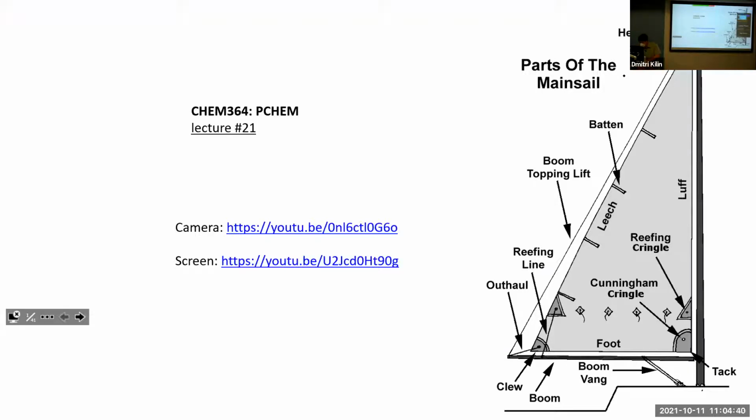So please teach me, what do you see here on the screen? How do you call this object? Okay, a sail. Which types of sails do you know?